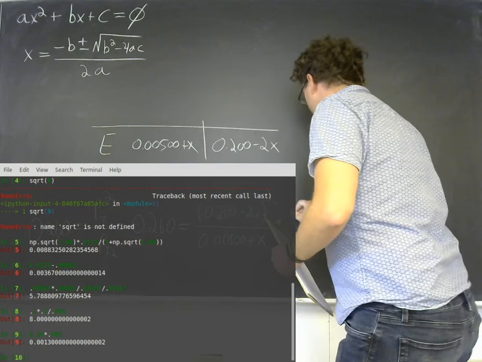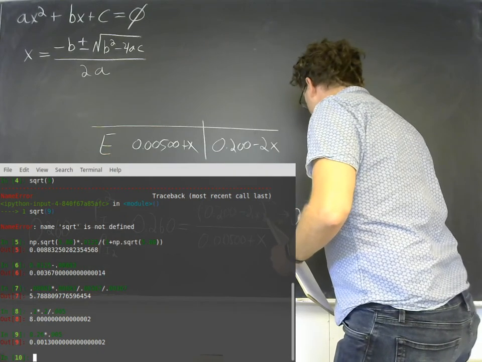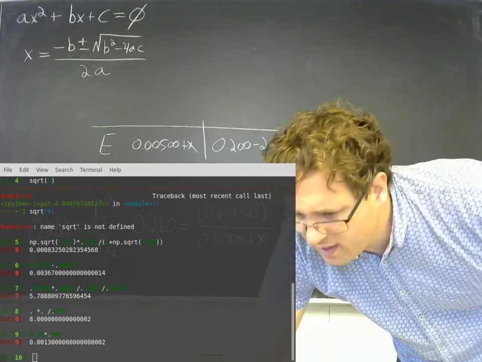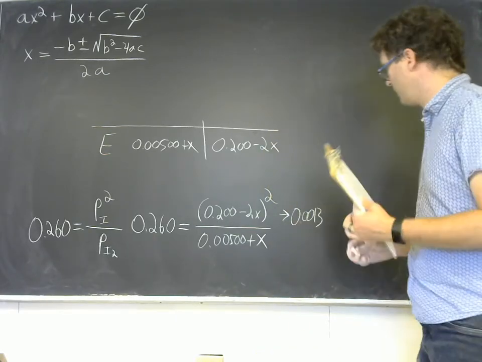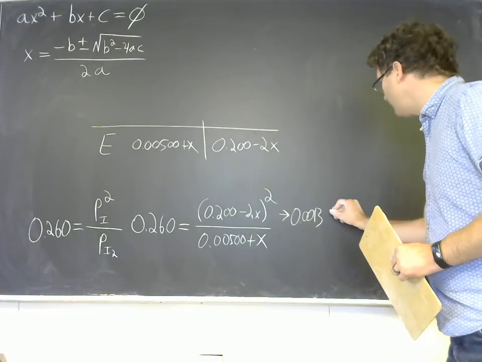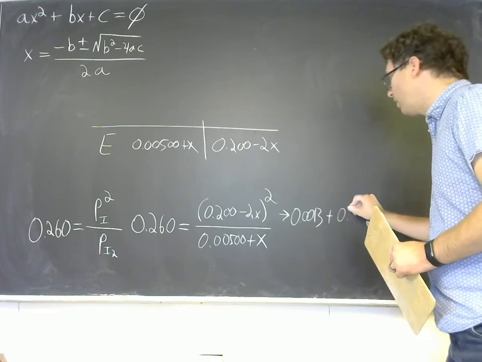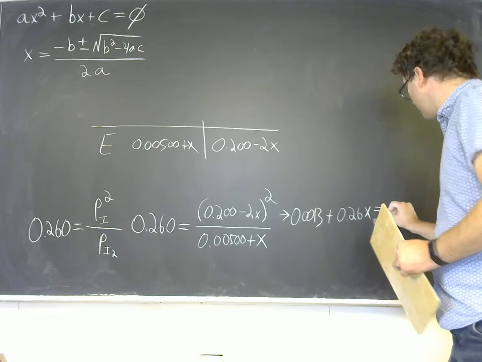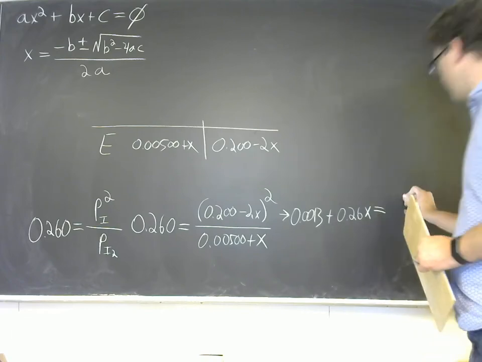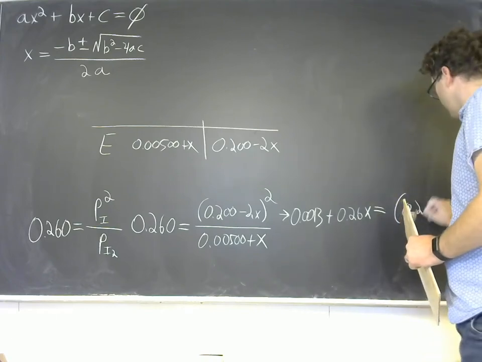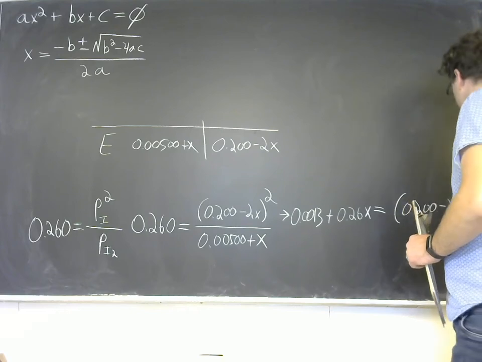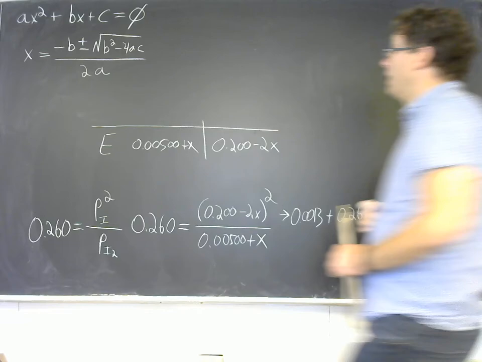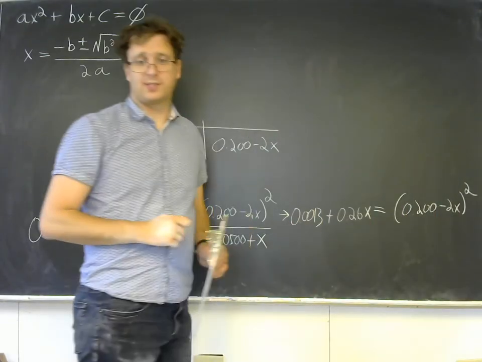So we have 0.0013 plus 0.26x, and that is going to equal 0.200 minus 2x squared. Okay, is that fair for a first step?